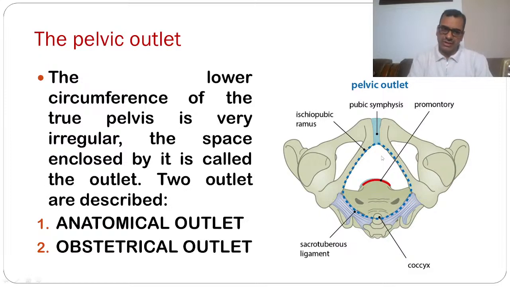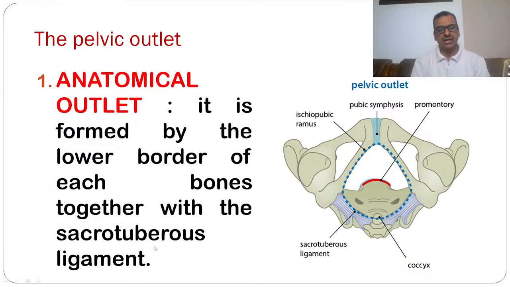Now we come to the pelvic outlet. The lower circumference of the true pelvis is very irregular, and the shape enclosed by it is called the outlet. It is a roughly diamond-shaped structure. Basically we have two types of outlets, the anatomical outlet and the obstetrical outlet. The anatomical outlet is formed by the lower borders of the bones together with the sacrotuberous ligament.